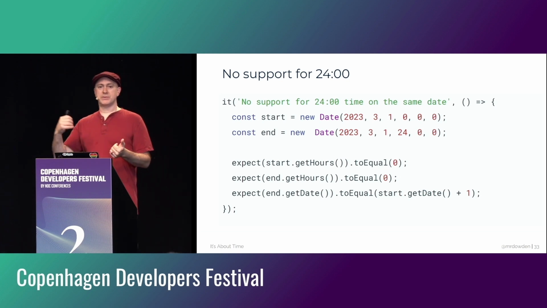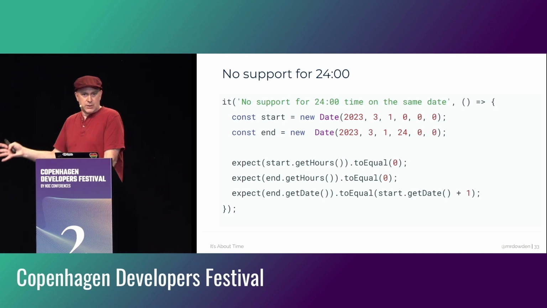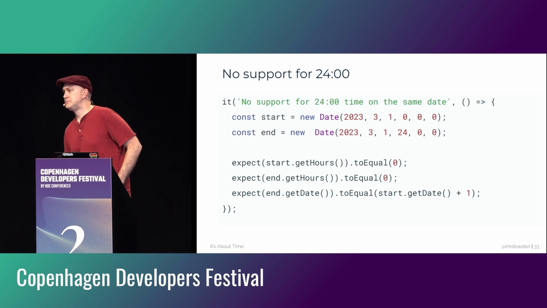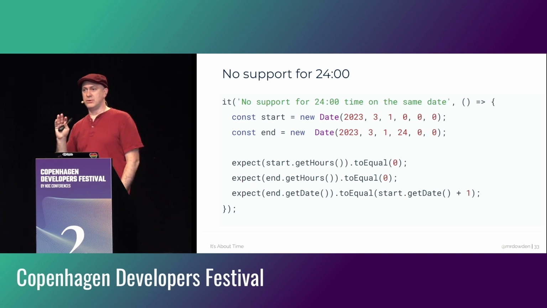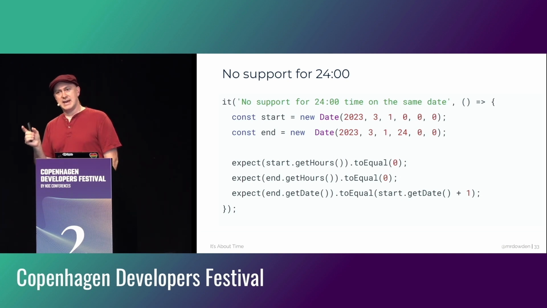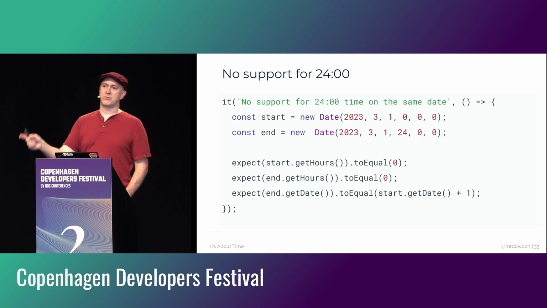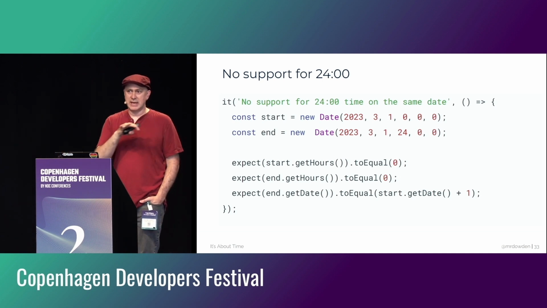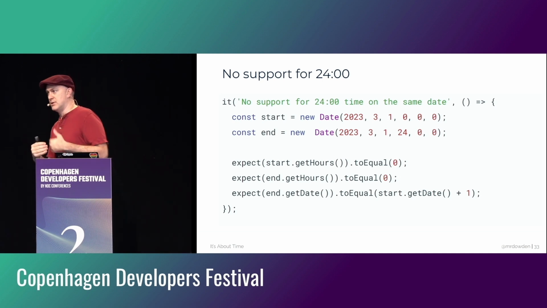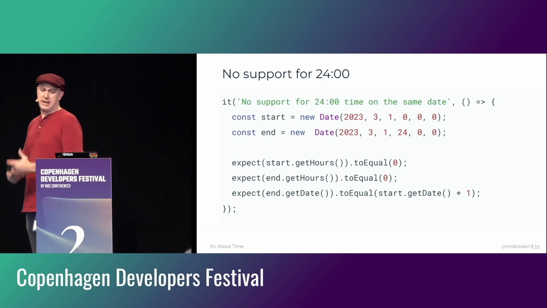I'm now comparing with 0, even though I told it I wanted it to be 24. So now we have to do all kinds of tricky things where I have to detect if it's actually the next day and it's 0 the next day instead of 24 this day. I have to account for that through the logic in my application. I can't just do simple math to determine how many hours have passed this day, for example.